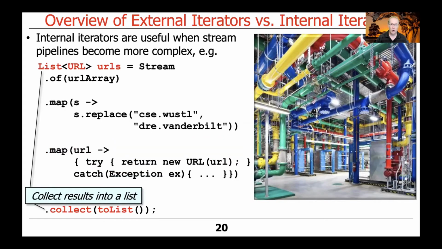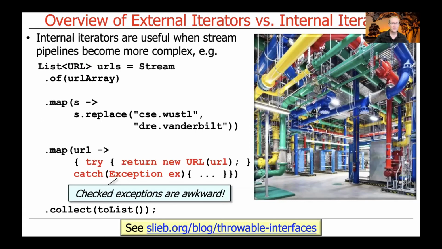So you can see now that we're internally iterating. You don't see an iterator explicitly anywhere. You basically have this all being done in internal iteration. One thing to note, by the way, is when you start dealing with streams, you'll discover that checked exceptions are very awkward. So it turns out, for instance, that the constructor for the URL class will throw an exception if the URL that's given to it is an invalid URL.